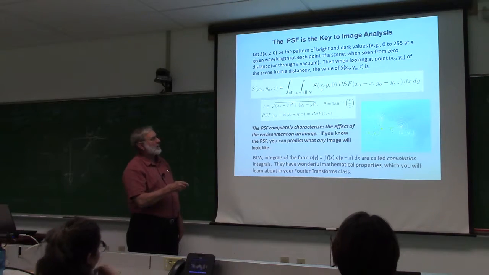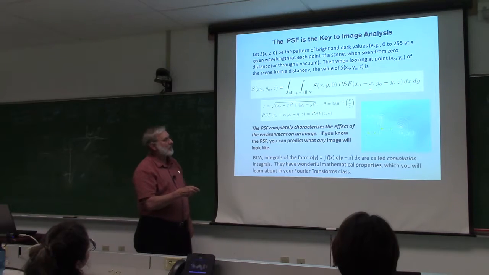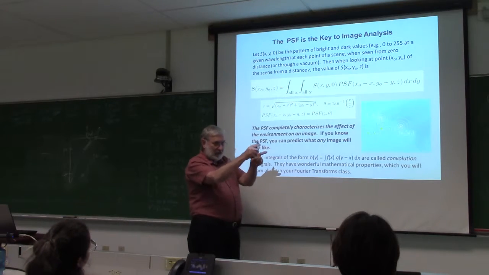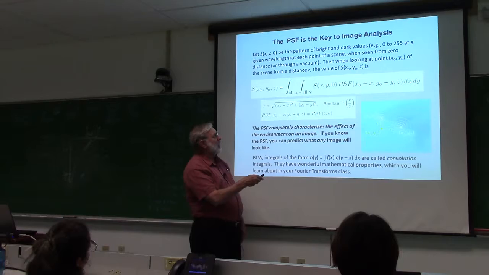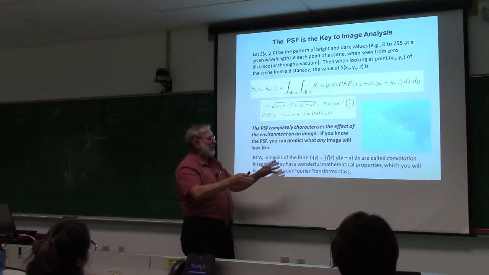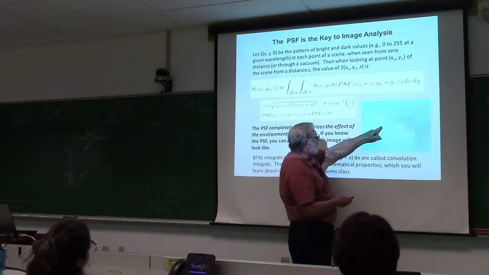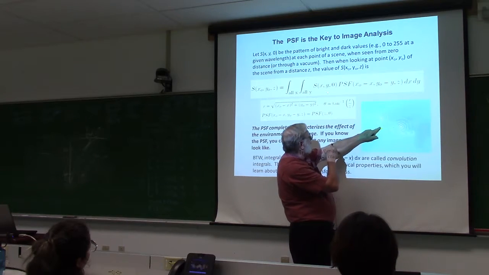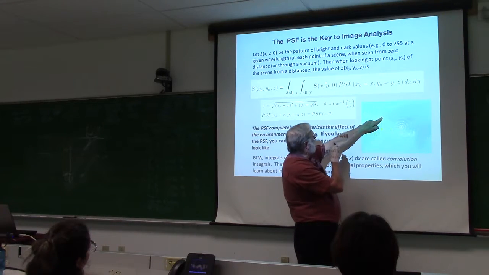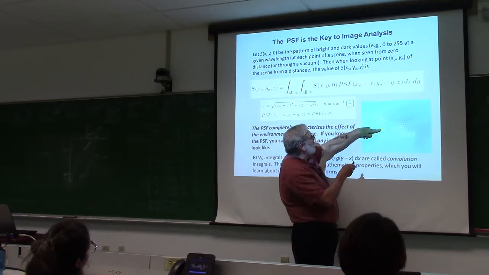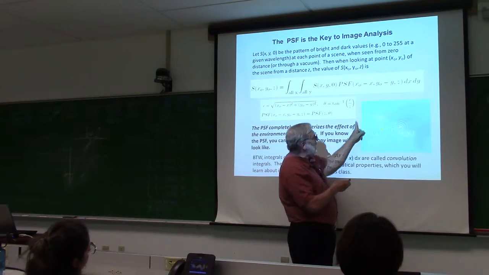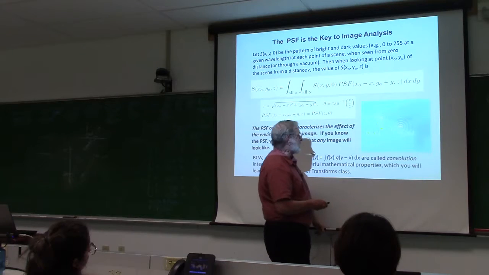So I take that, and then I take the point spread function at whatever XY point I'm considering, and at a distance away, whatever distance I am, and I integrate over the whole image. So I'm taking the inherent, let's say at this point here, I've got what this thing looks like up close, then I've got the point spread function that gets me from here down to here at a distance z away, and I'm going to then integrate over the whole scene.